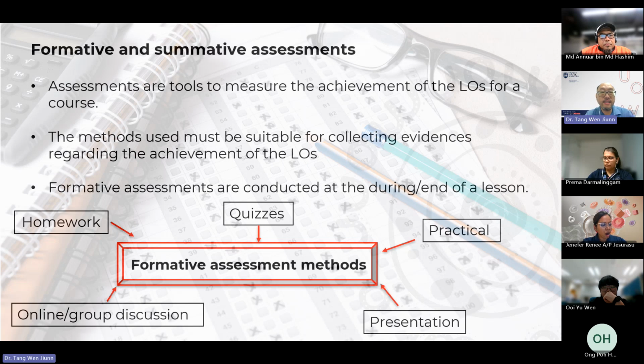You might have heard that formative assessment can be as simple as gestures. Like you ask them, do you understand? They put a thumbs up, or say yes. That is formative assessment, but it is not efficient. You can only gauge that they are listening to you.